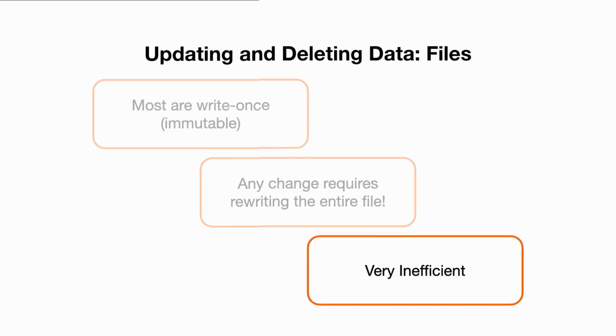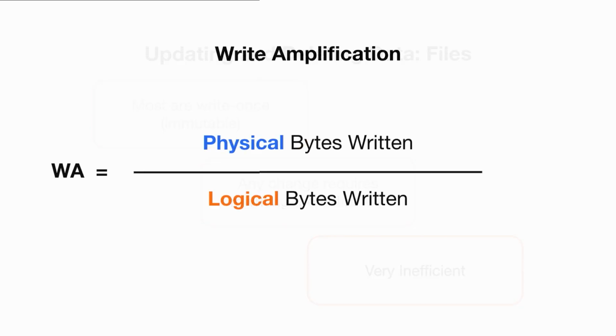So for example, if I had a 100 gigabyte file and I wanted to take 10 bytes off the end, I'd have to write another 100 gigabyte minus 10 byte file, and then delete the old one and replace it with a new one. So the term for why this is bad is write amplification, which is basically the term for how many bytes on disk you have to change to make a logical change, or more formally, physical I/O divided by logical I/O.